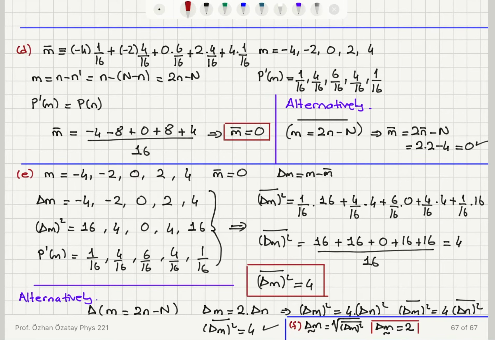So most m values will lie in a range. m will be in this range, 0 plus or minus 2. That is, m bar plus or minus delta m tilde. Let me put this tilde in the right place here.